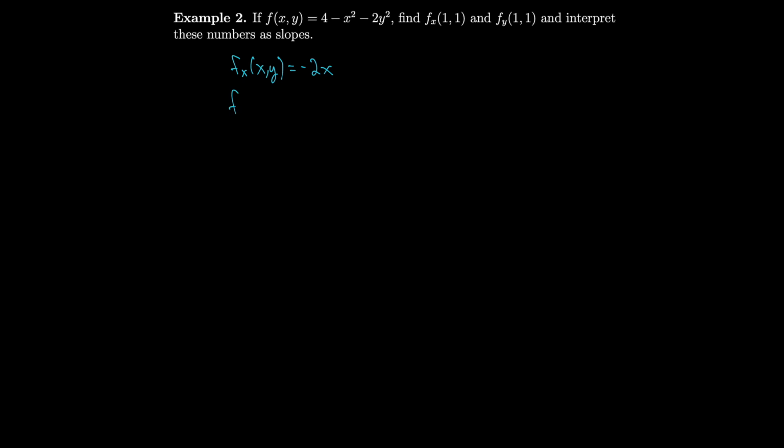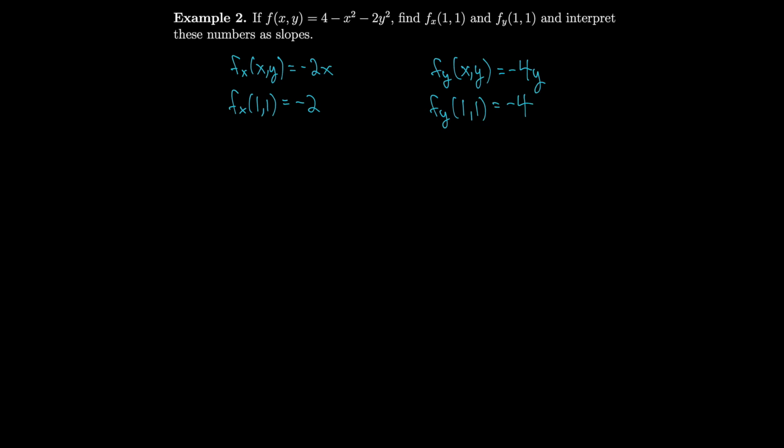So plugging in for (1, 1), we get minus 2. How about the partial with respect to y? Well, x is constant, so it's just minus 4y by the power rule. So our partial at (1, 1) is minus 4.